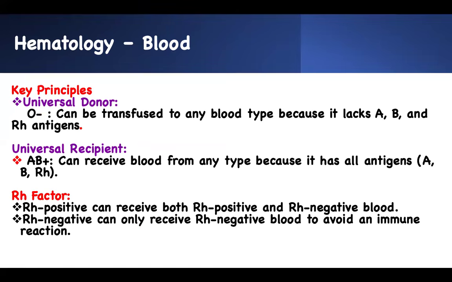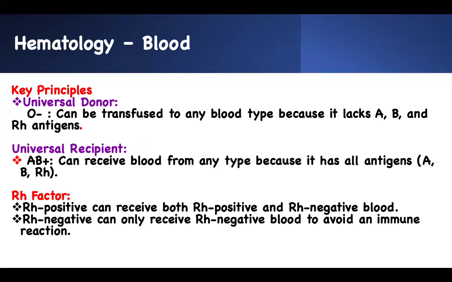There's a principle in blood transfusion. The universal donor is what? O negative. It can be transfused to any blood type because it lacks what? A, B, and Rh antigens. What does that mean?